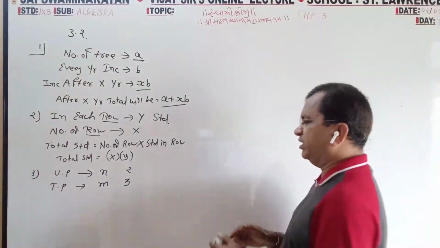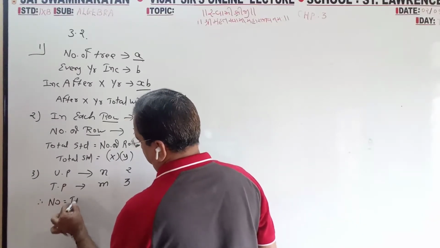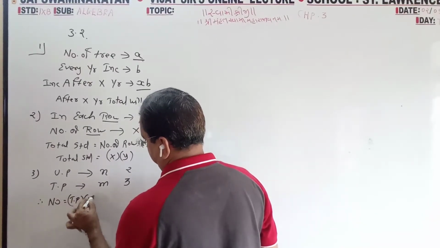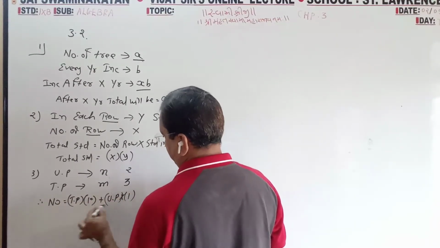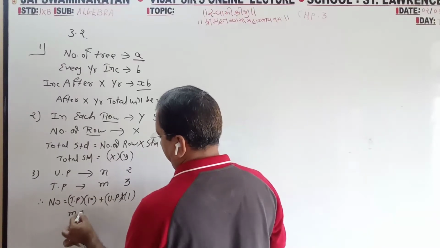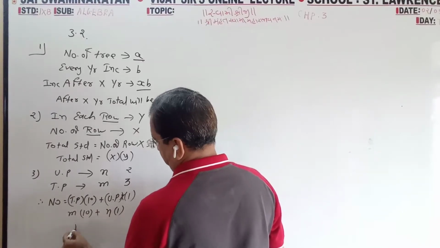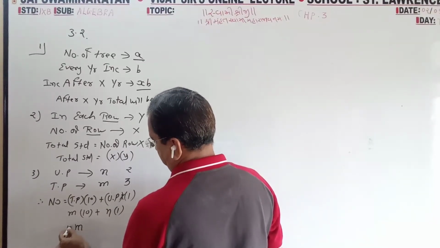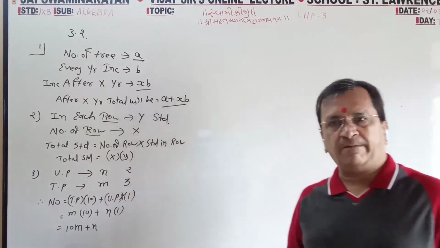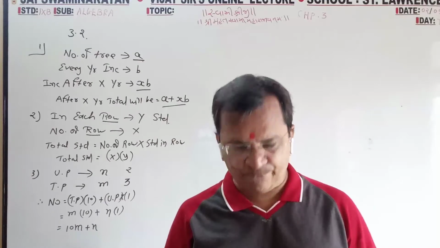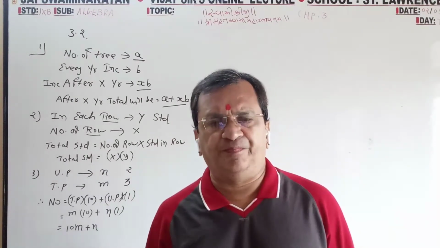So how to form the number? Therefore number is equal to 10th place into 10 plus unit place into 1. So 10th place is m, this is n. So 10m plus n. Follow?